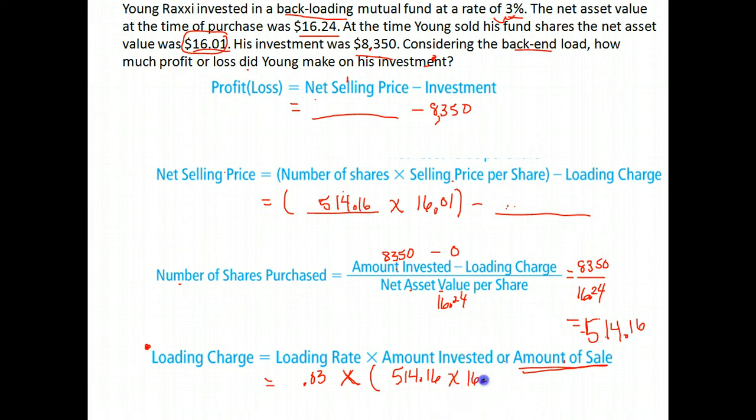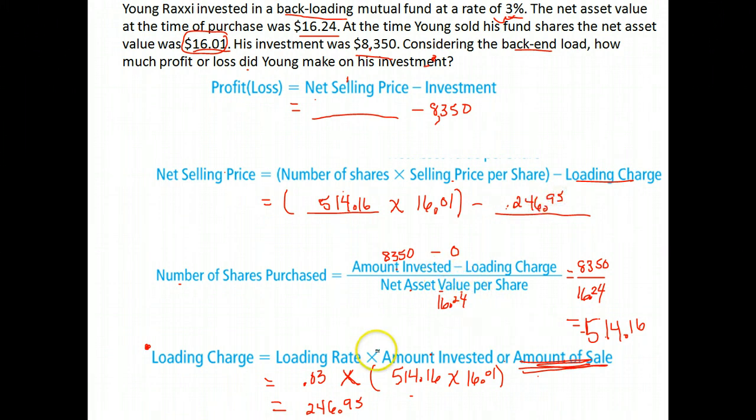Now that would be $16.01. Again, that's because we're going with amount of sale here and not the amount we're investing, because it's a back end and we do it at the sale. Okay, let's go ahead and calculate that. So take 0.03 times 514.16 times 16.01. You should get $246.95. So that's our loading charge. So we can come back up here and where we had loading charge, fill in that value.